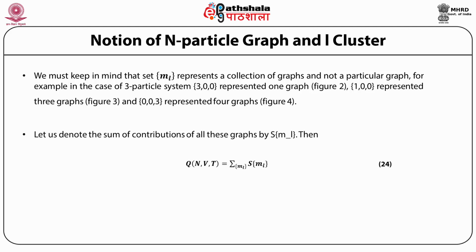Let us denote the sum of the contribution of all these graphs by a sum S over the set ML. Then Q will be equal to the summation over the set ML of S of ML, where the sum extends over all the members of the set ML satisfying the condition 23.